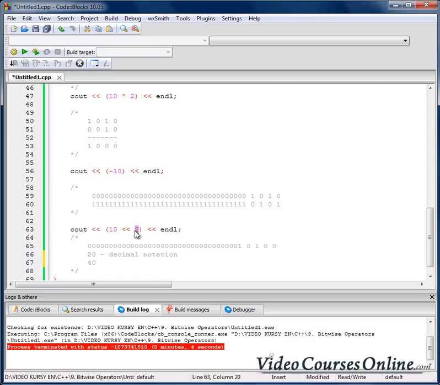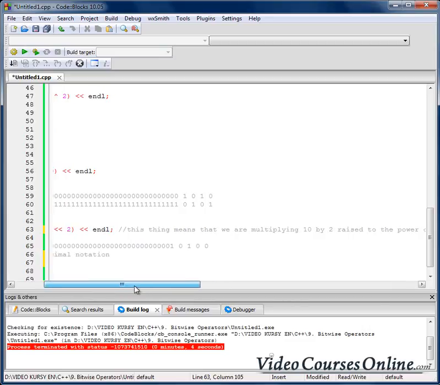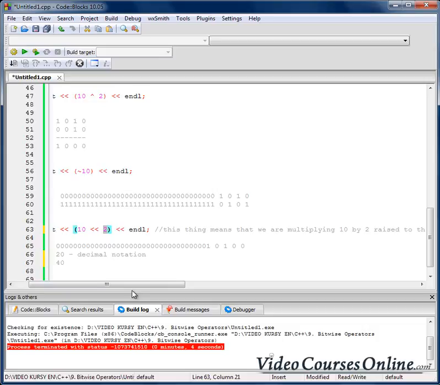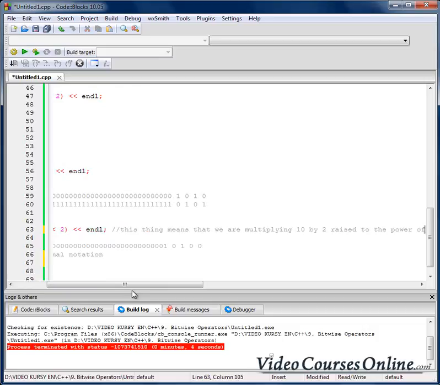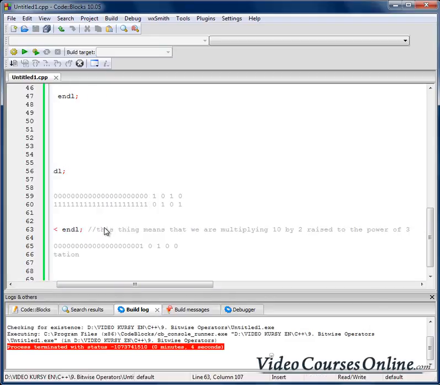So this means that we are multiplying by 2 raised to the power of that number. So we are multiplying 10 by 2 raised to the power of, let's write maybe 3, to the power of 3.